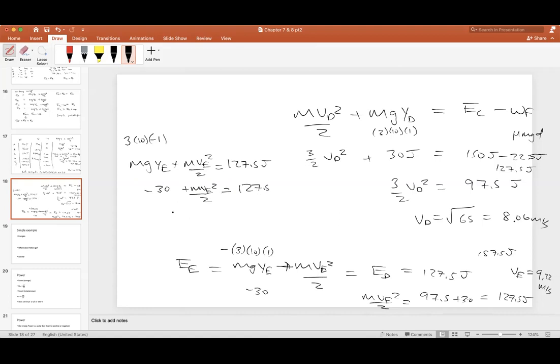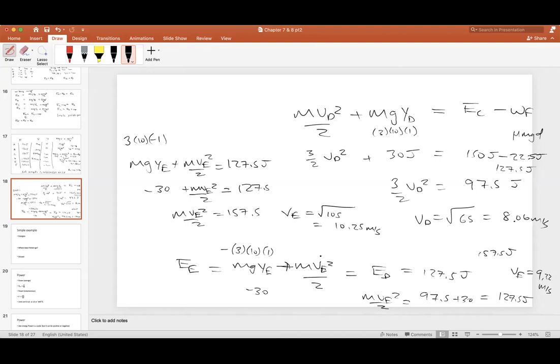If I add 30 to both sides, I get mvE squared over 2 is 157.5. Multiply by 2, divide by 3 because the mass is 3. And what I get is that vE is the square root of 105, and that is 10.25 meters per second.